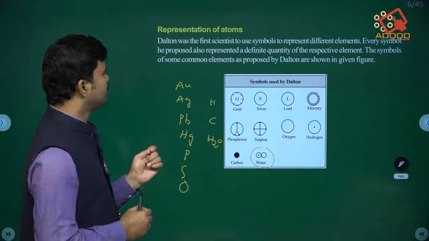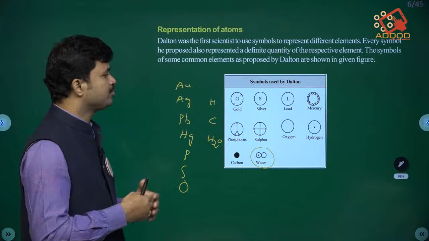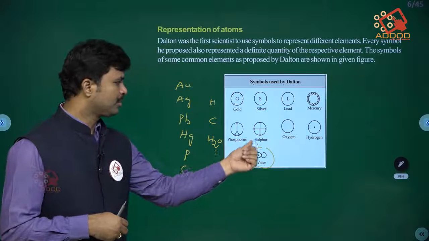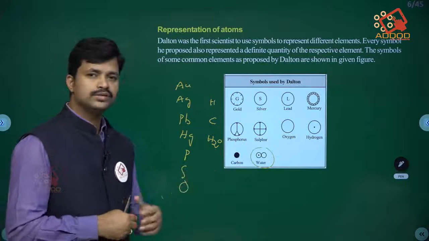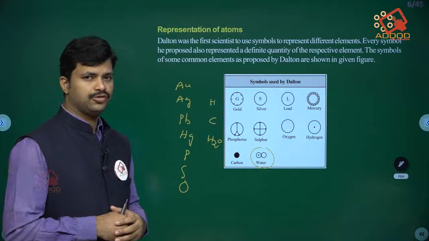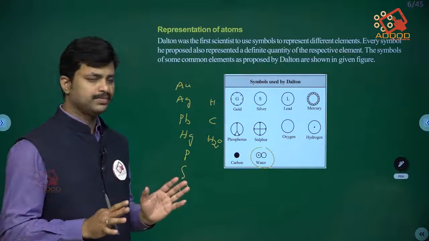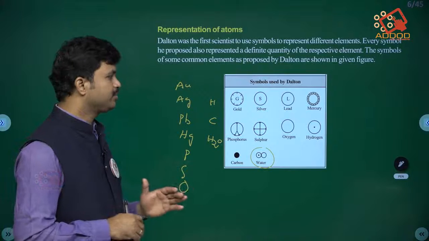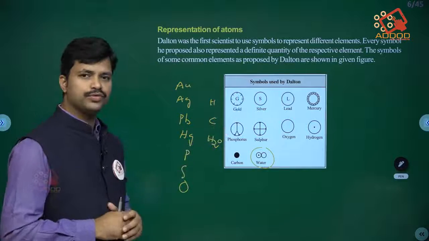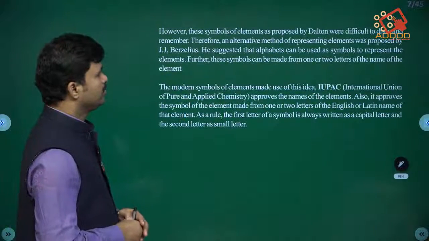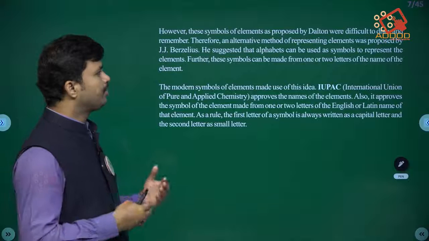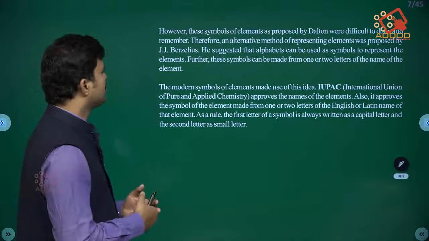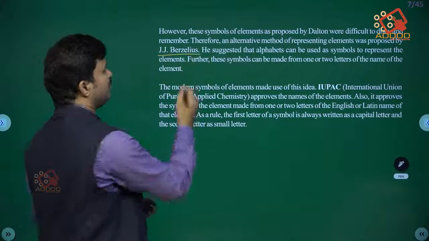The symbols of some common elements proposed by Dalton are shown here: sulfur, oxygen, hydrogen, see there? These are just symbols of elements. We need not bother about them. In the IIT Foundation, there is no need to focus on the symbols. It is very difficult to draw, and in the language of science it is very difficult. So alternative methods were proposed by Berzelius.